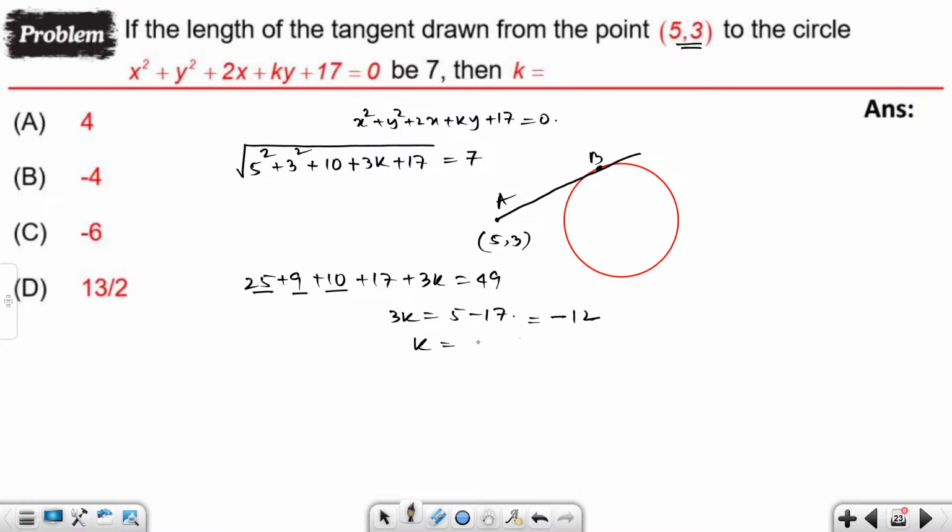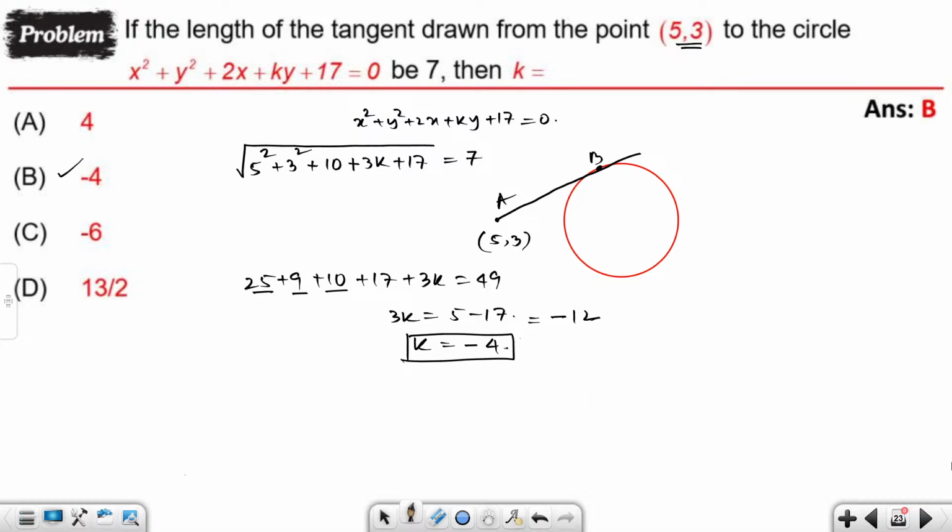So k is coming like minus 4. Straight away. So option B is correct. Have you understood this? This is the simple application of finding out the length of the tangent. Okay. So length of the tangent is what? It is the square root. Again, I'm telling you, it is the square root of the power of the point. That's it.